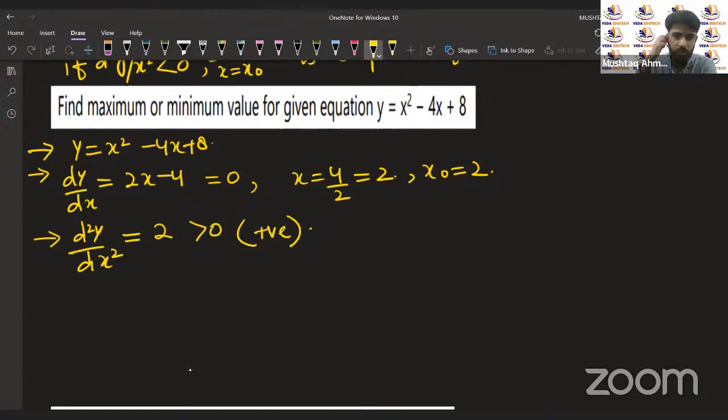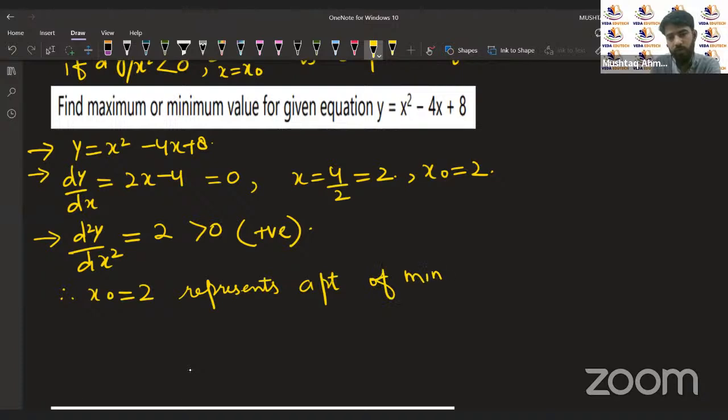2 is a positive number, so it is greater than 0. So therefore x naught equal to 2 represents a point of minima.